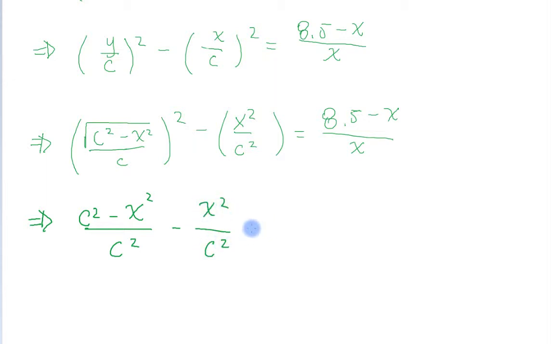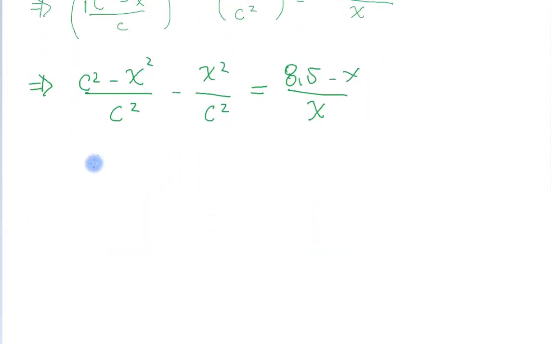They have the same denominator, so they add together because it's a subtraction. So this implies c squared minus 2x squared over c squared equals 8.5 minus x over x.